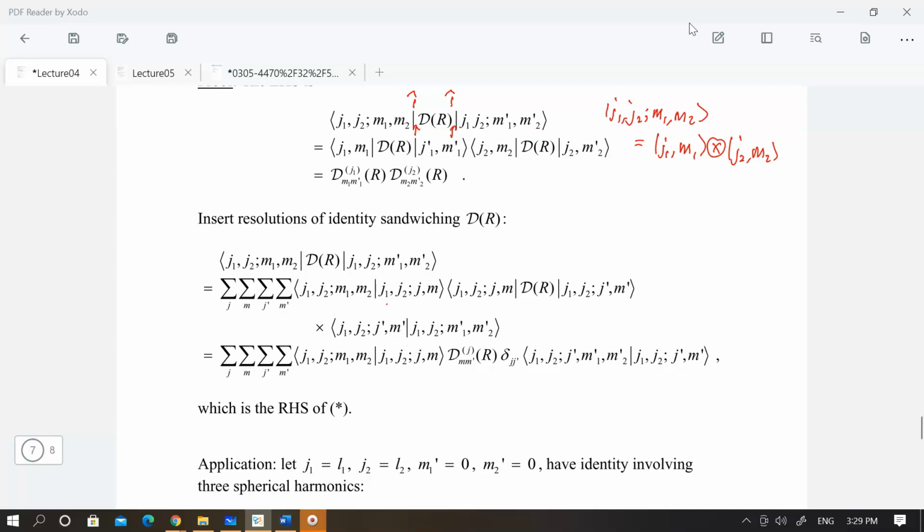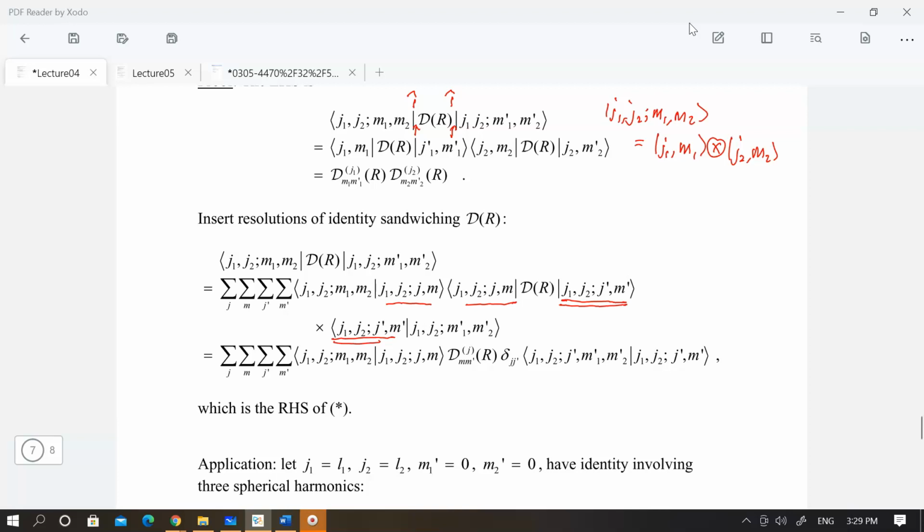So you have the coupled representation for the identity operator here, your projection operator, and then the other one would be this one. The bra and ket at the very end are just the same thing.